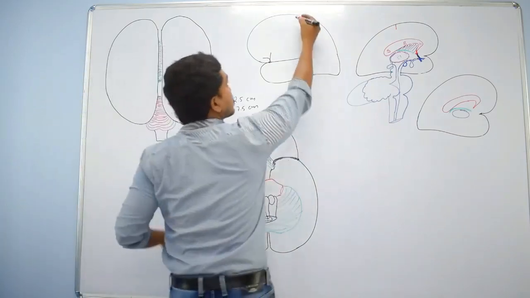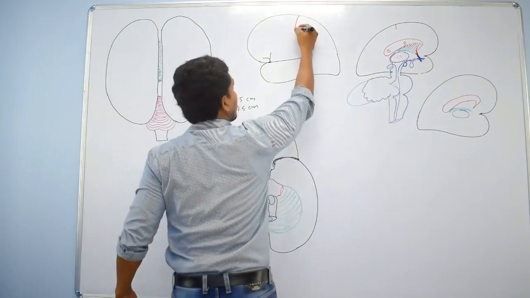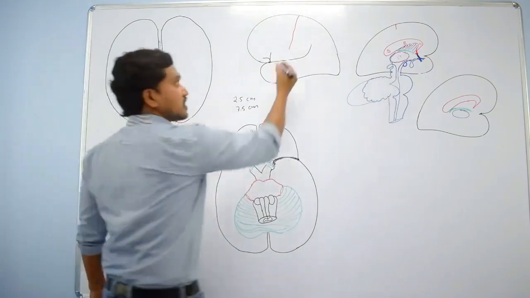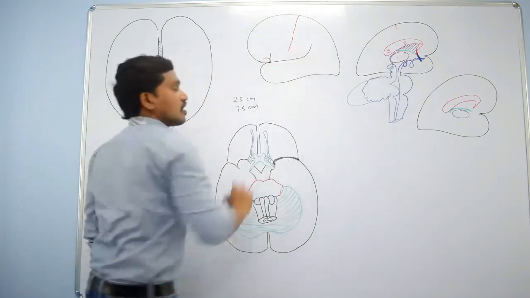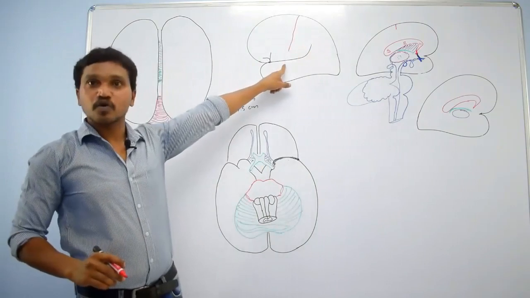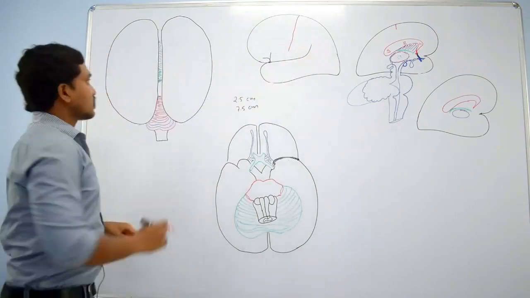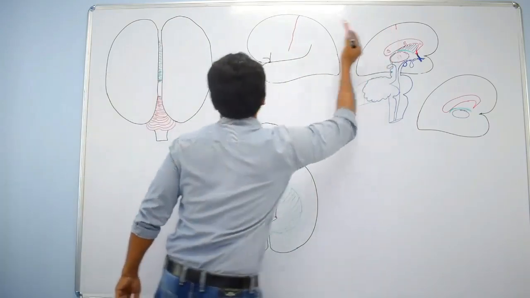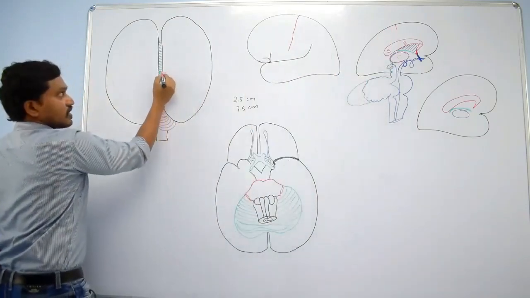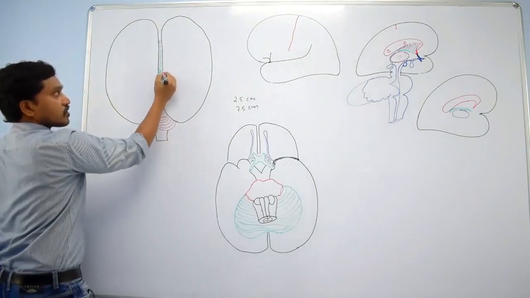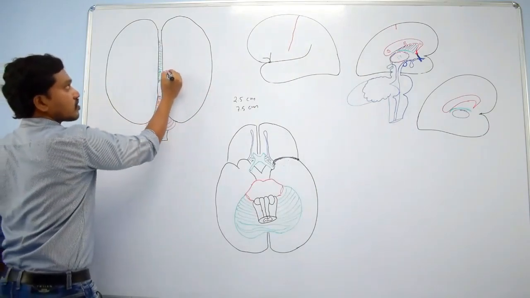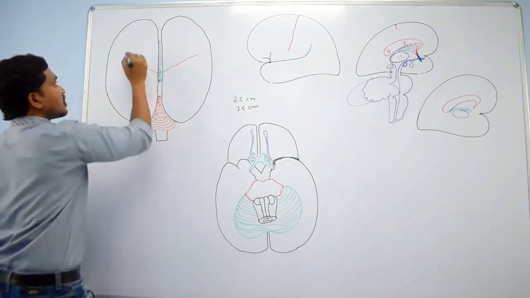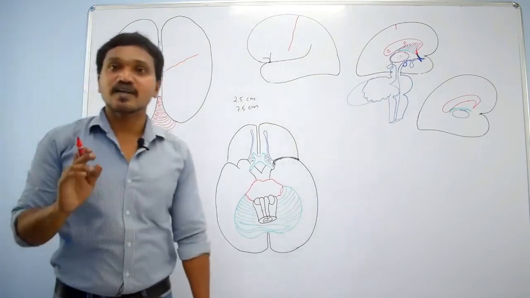Here it is coming like this and ends just above the posterior ramus of the lateral sulcus. So it arises here, winds around the superior medial border, and goes like this. This is the central sulcus.